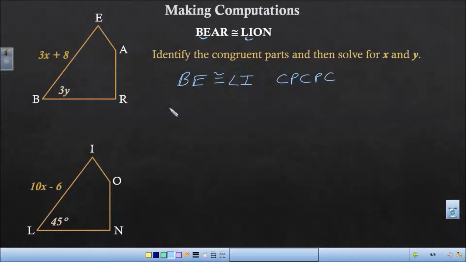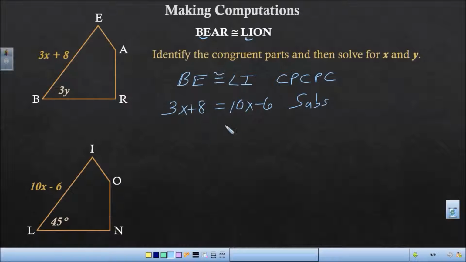Well, BE is 3x plus 8. And LI is 10x minus 6. See how convenient that was? Even though my pen stopped working? This is by substitution.